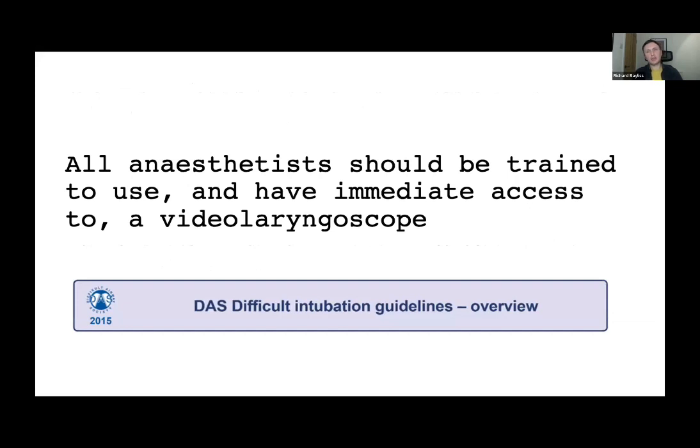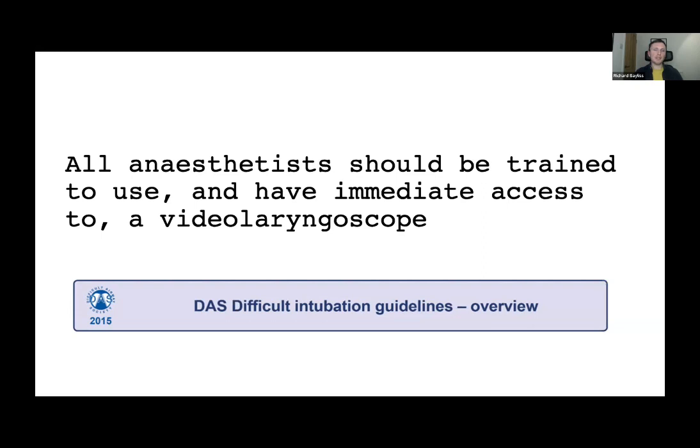This should also be seen in the light of the Difficult Airway Society guidelines. The Difficult Airway Society provide lots of guidance around managing airways in anaesthesia, and they're an eminent body in UK anaesthetic practice. To be honest, these recommendations from 2015 were probably ahead of their time, and certainly ahead of UK anaesthetic practice as I experienced it.